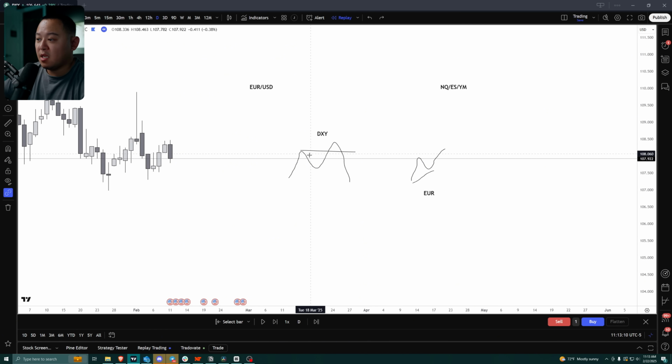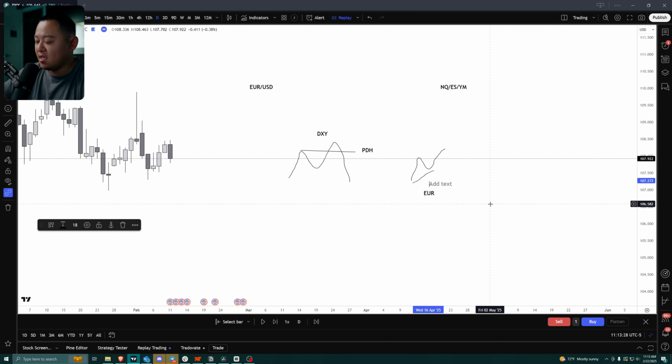It's not creating that lower low. So if markets were in sync and the dollar really wanted to continue higher, you need to see the euro going lower. So just quickly, very easily representing this, you have previous day's high. When we have a previous daily high being swept out on the dollar, what would you expect? You would expect the previous daily low to be swept on the euro.